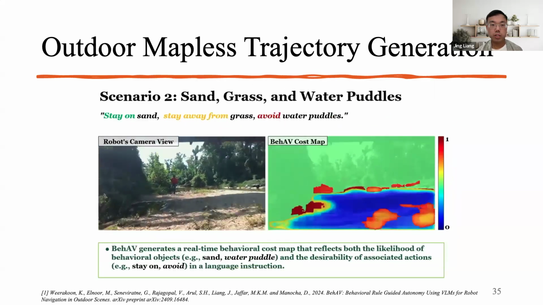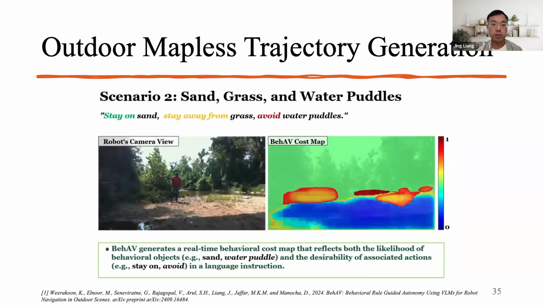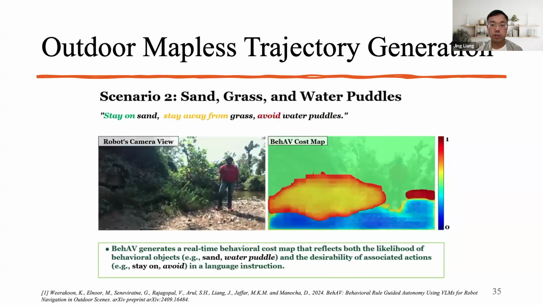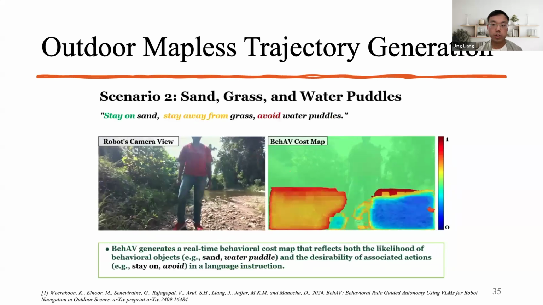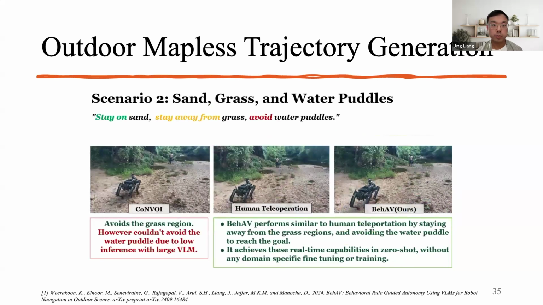And we also did some experiments in off-road terrains. So we can also correlate the water puddle and the grass region to the avoid action.